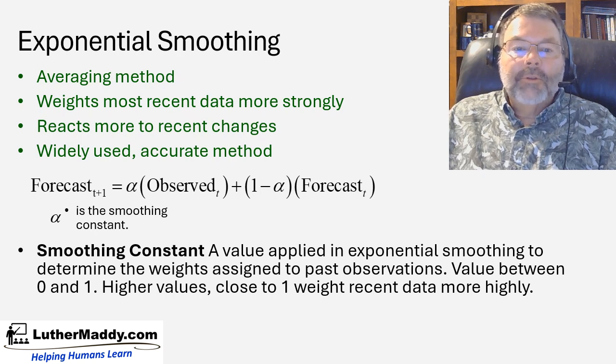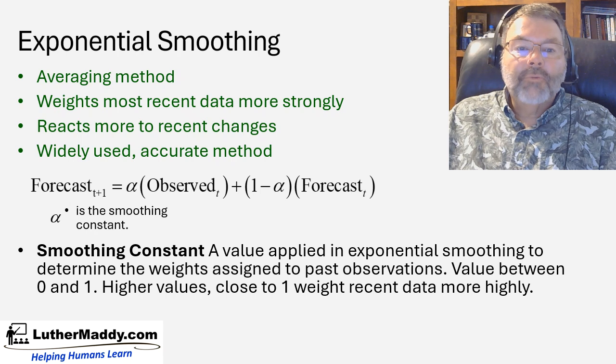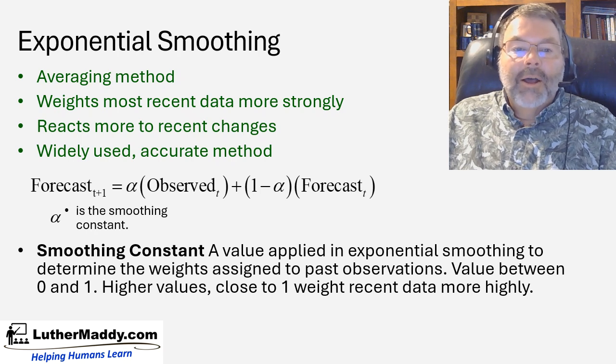So the formula to compute a forecast for time period plus 1, in other words, time period 2, is going to be the smoothing constant, and that's a value between 0 and 1. And the closer it is to 1, the more weight it puts on more recent data. And then we're going to add to that the smoothing factor times the observed for the period above.